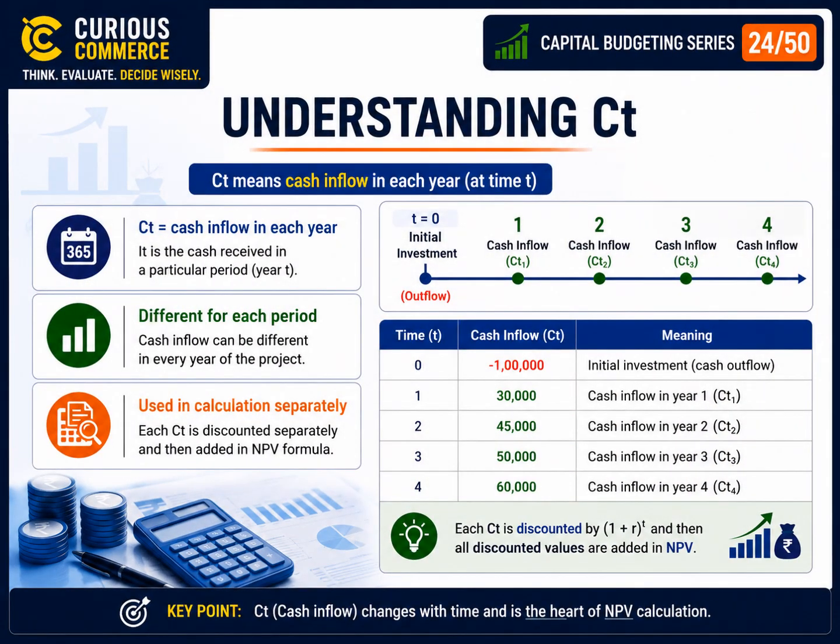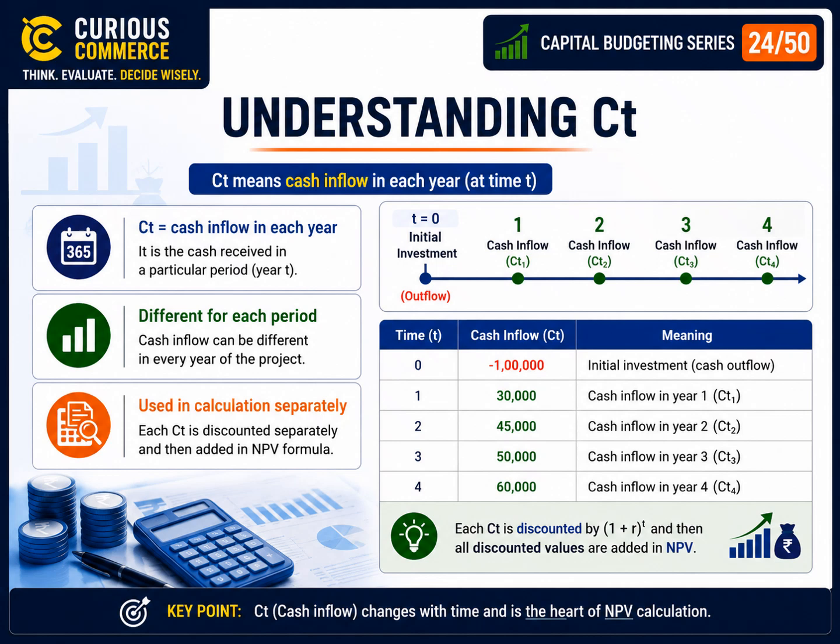Now let us understand the first symbol, that is Ct. Ct means cash flow at time t. In simple words, cash inflow received during the particular year. For example, year first is 500 rupees, year second 700 rupees, year third 900 rupees. Each year may have different inflows. This is very common in real business.